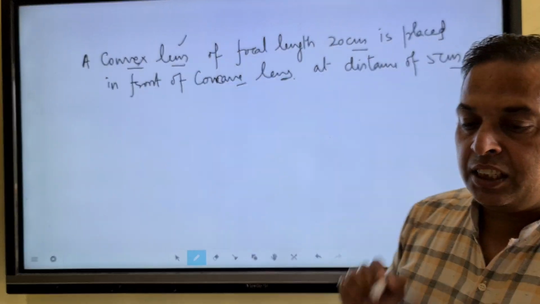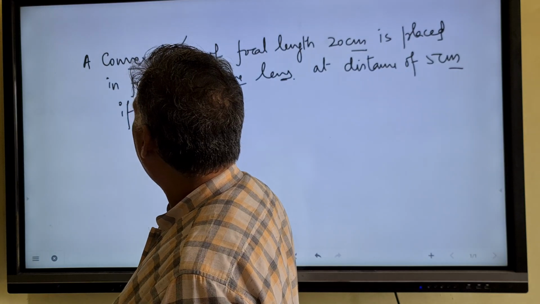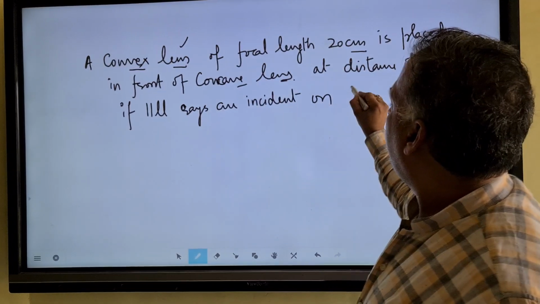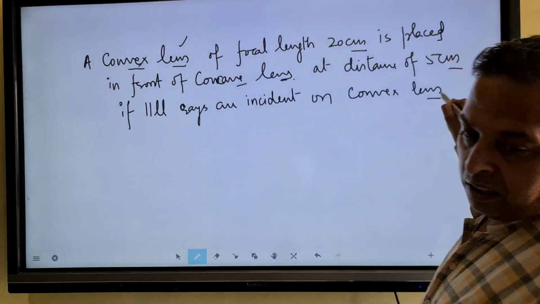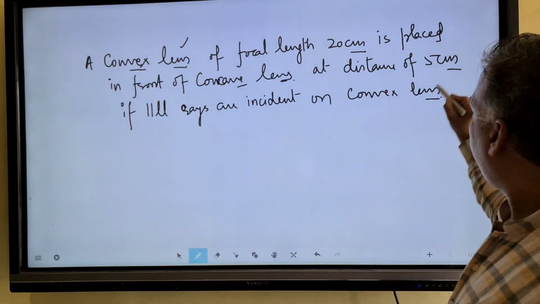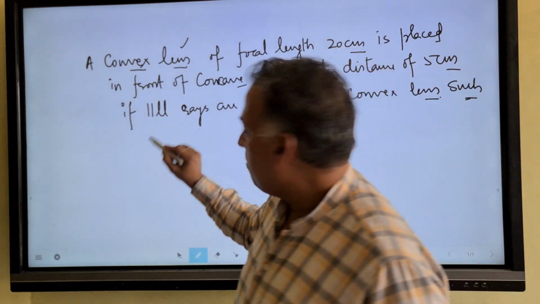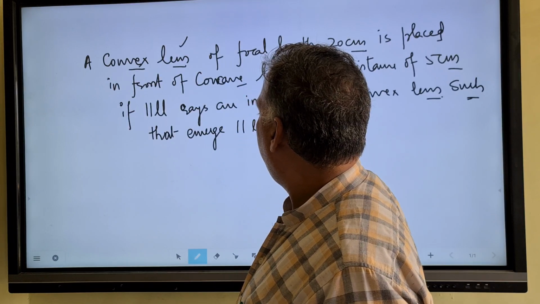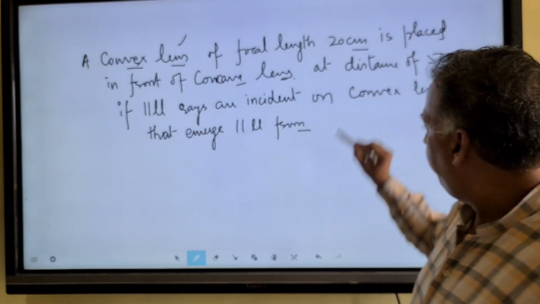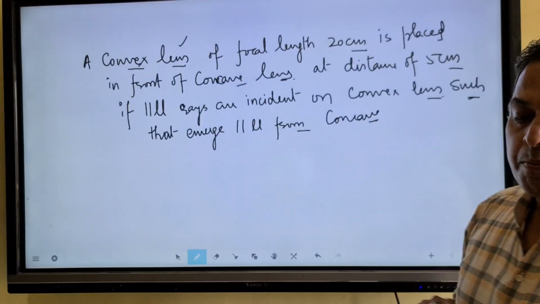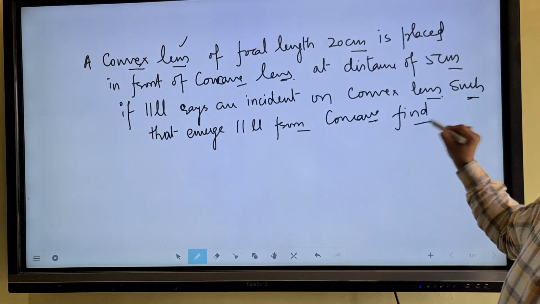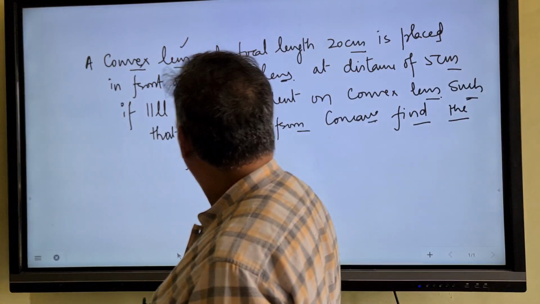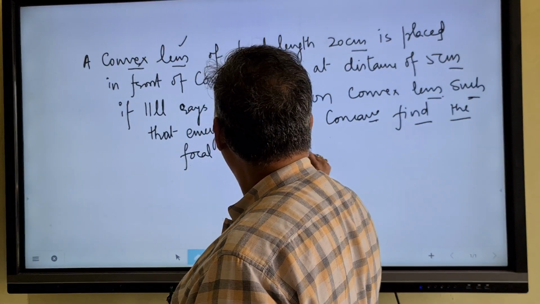If parallel rays are incident on the convex lens such that they emerge parallel from the concave lens, find the focal length of the concave lens.